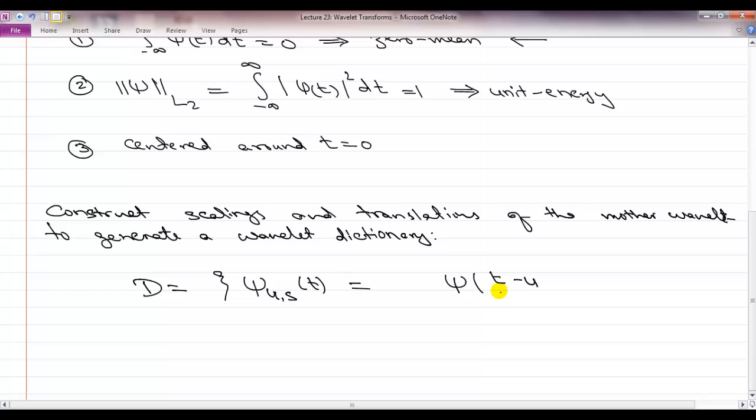Since the mother wavelet is localized in time, previously if it was localized around 0, now it's localized around u, okay. But you just don't shift it, you also scale the wavelet by a factor of s, okay. And we want all of these to be also unit energy, so because of that we have to have 1 over square root of s in there. So u of course can be positive or negative, and the scale parameter is only positive.